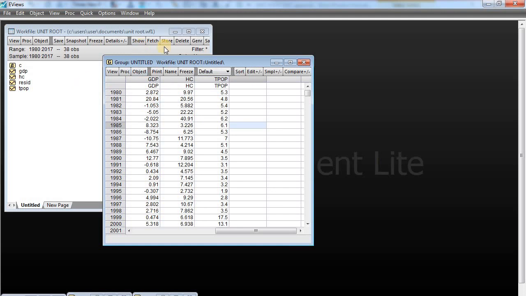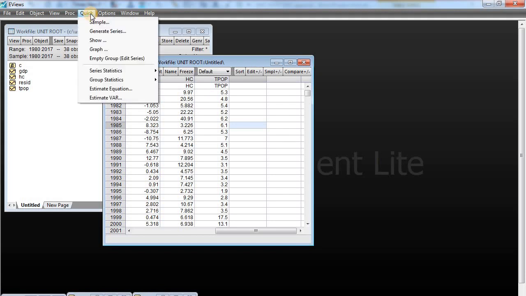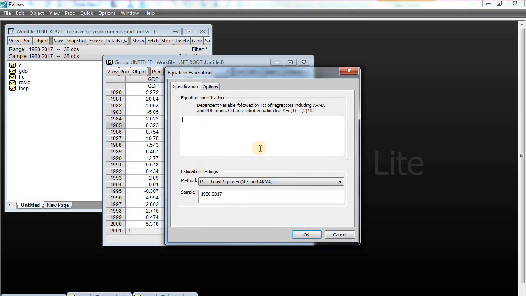And let's go to running the multiple regression. Go to Quick, go to Estimate. This is the estimate dialog box. We have our GDP, space, C for constant, human capital, space, total population.